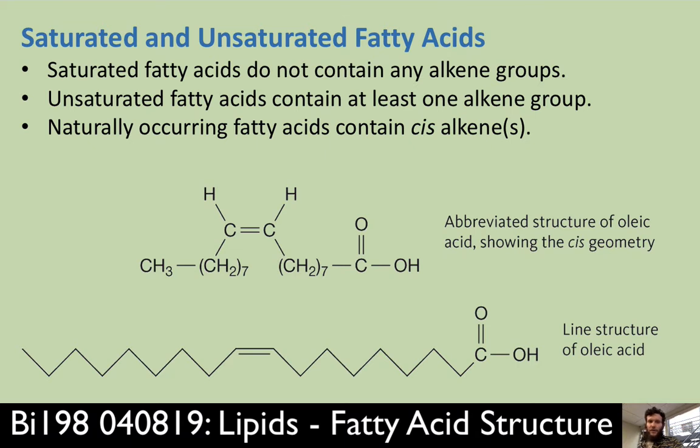All right. So next is the notion of saturated and unsaturated fatty acids. A saturated fatty acid is a fatty acid that doesn't contain any alkenes. An alkane is a hydrocarbon where all of the bonds are single bonds. Like this part down here of this molecule I'm holding, this is all alkane.